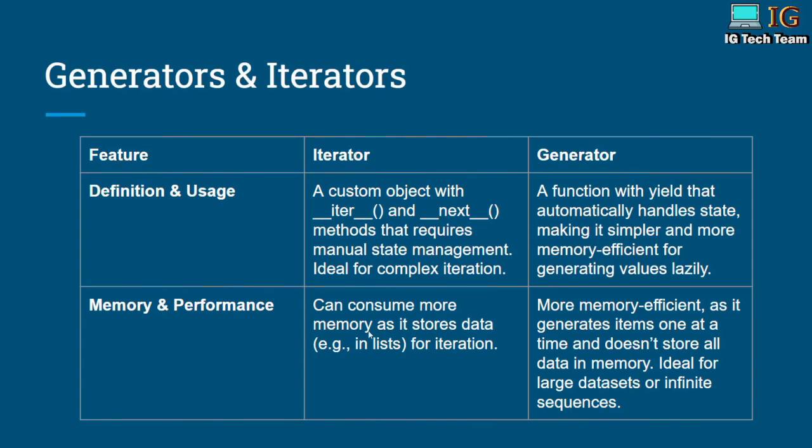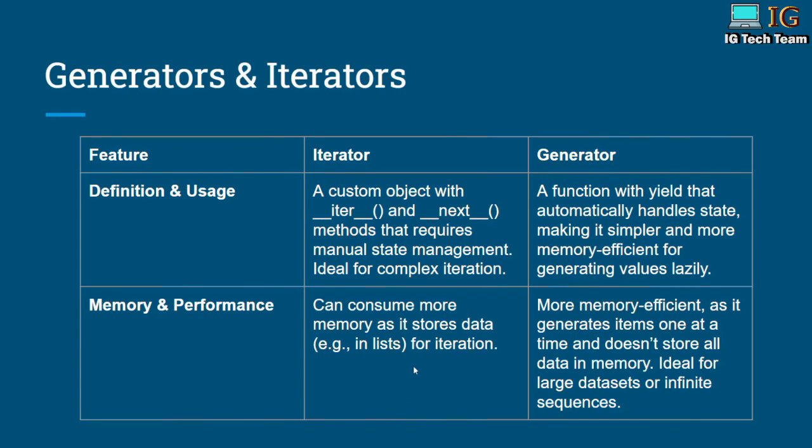And this iterator can consume more memory as it stores data, for example in a list for iteration. And the generator is more memory efficient as it generates items one at a time and doesn't store all data in memory, ideal for large datasets or infinite sequences. The use of this iterator and generator is almost the same, but the difference is the syntax you use while defining this iterator versus this generator.